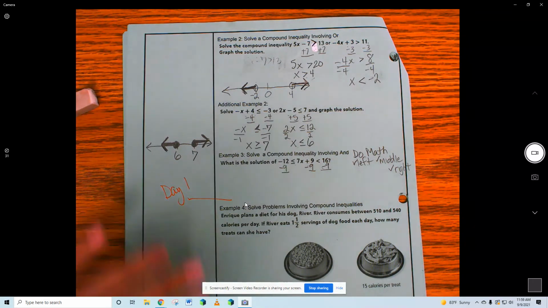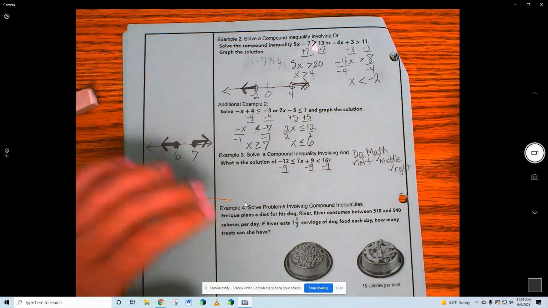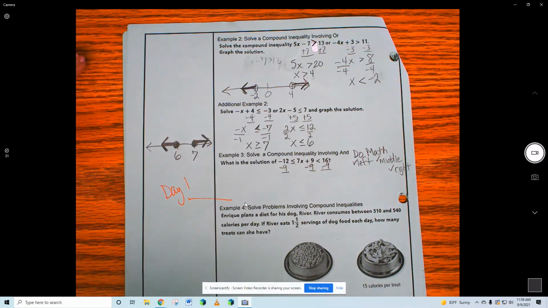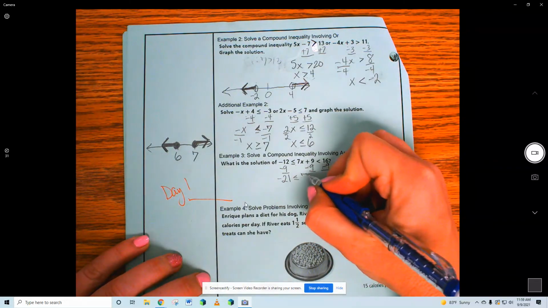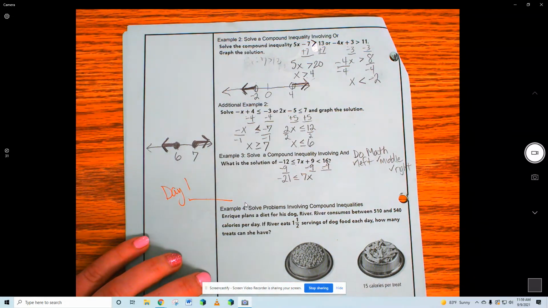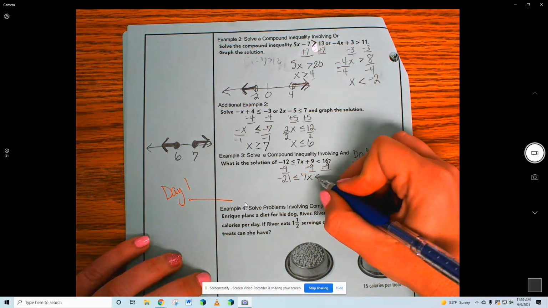Please, sirs and ladies. So I did my math. I had to subtract 9 from the middle, the left, and the right. So I've got negative 21 is less than or equal to 7x, which is alone now in the middle, is less than 7.